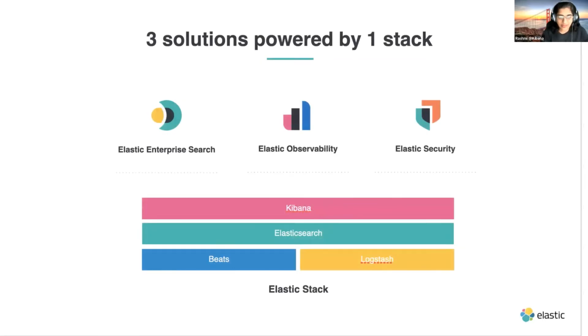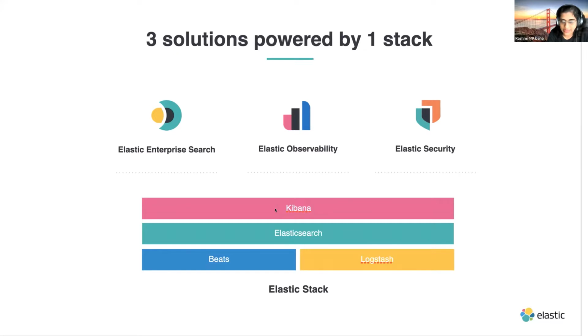So the first one, this little model, what you see here is our Elastic Stack. There are three major solutions which are powered by the Elastic Stack. This is just a small diagram, if I were to explain it to somebody on a whiteboard. The green layer is Elasticsearch.